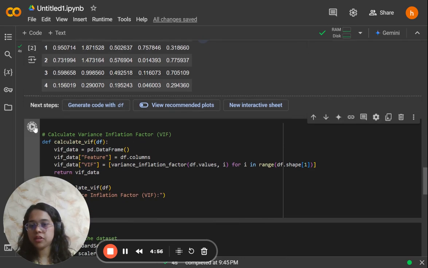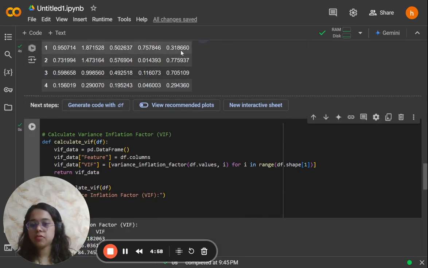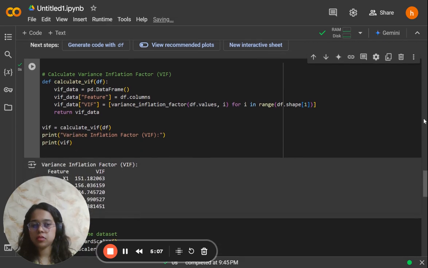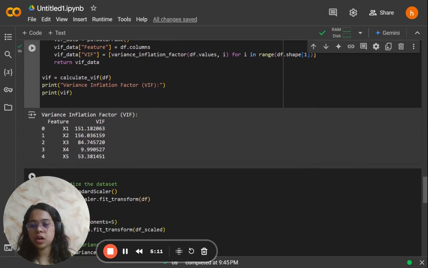Now, next, we'll calculate the variance inflation factor, that is VIF. This is our output.